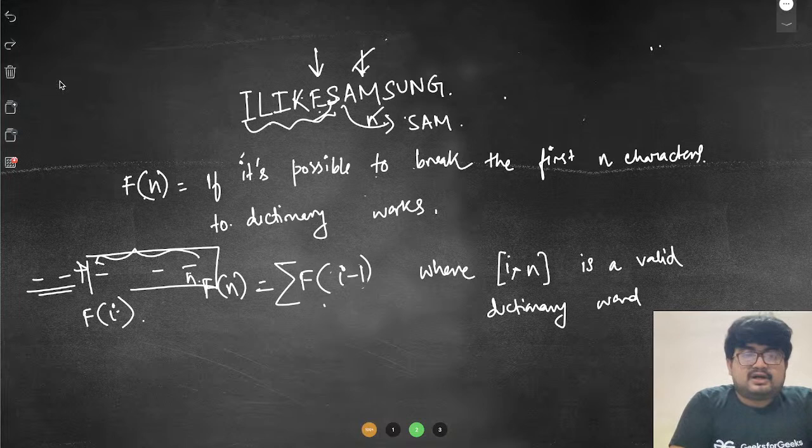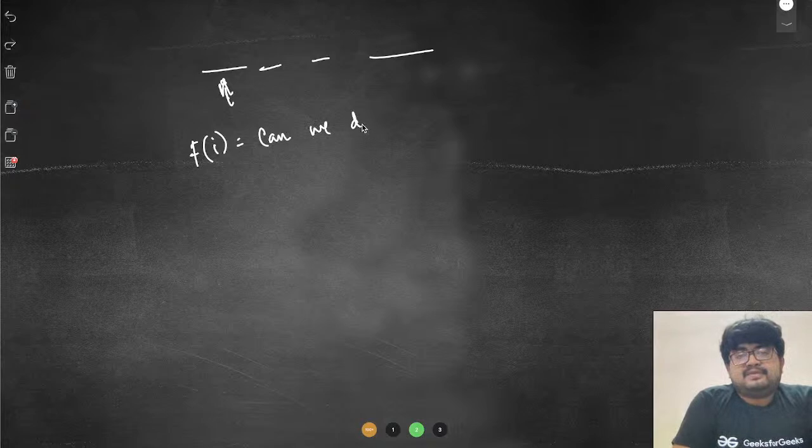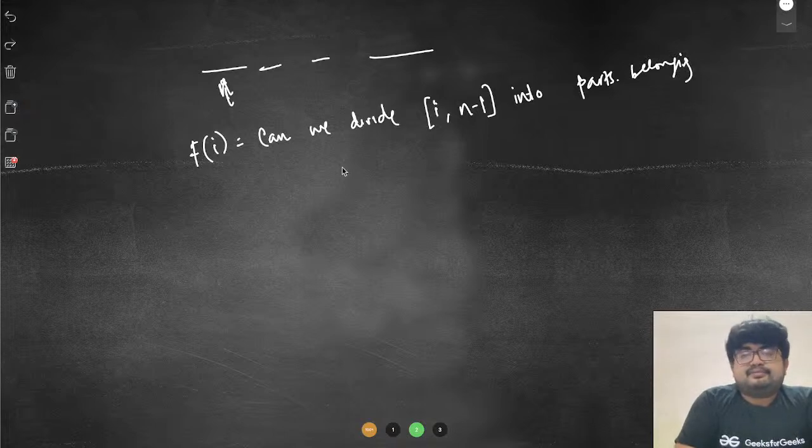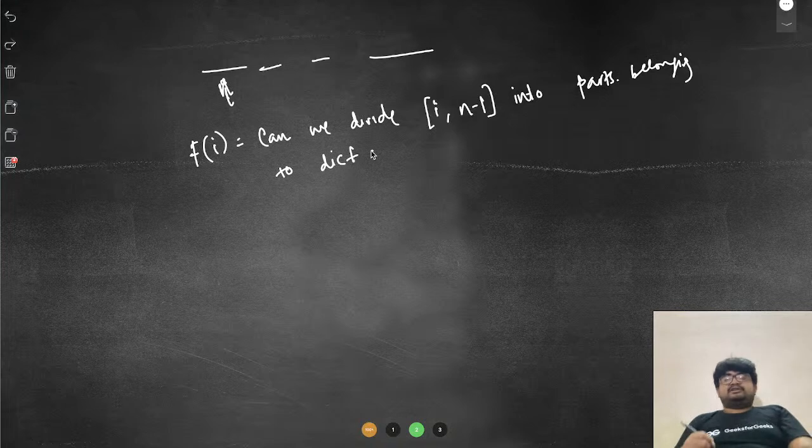So what we are doing here is, given i, can we divide i to n minus 1 into parts belonging to the dictionary?